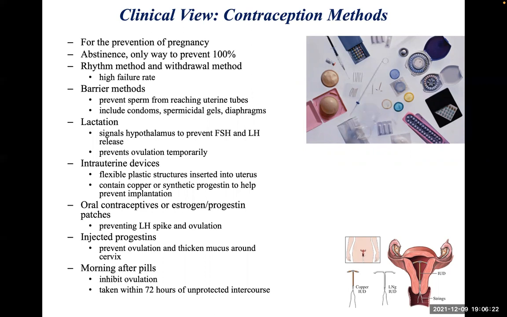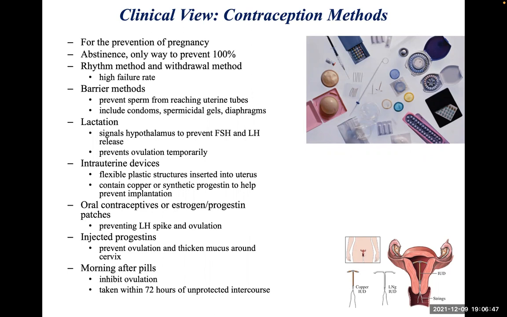Other types of devices include, as we discussed, the IUD, the intrauterine device, and then oral contraceptives, patches, or the ring. All of those fall under hormonal birth control methods. They work primarily by preventing ovulation, by inhibiting the LH spike, which you can do by playing with estrogen and progesterone levels.